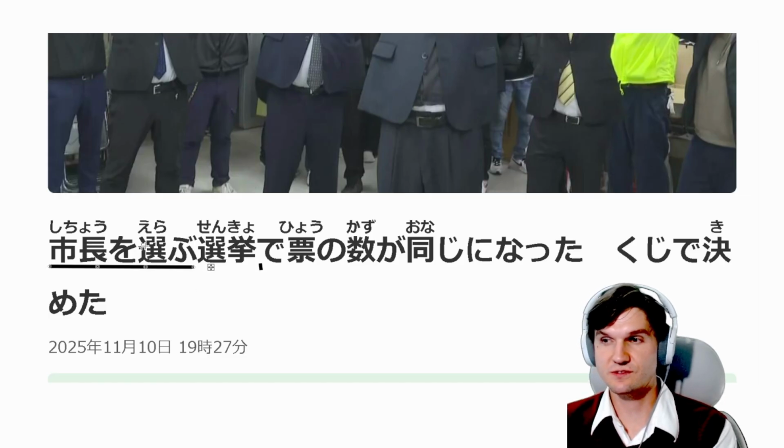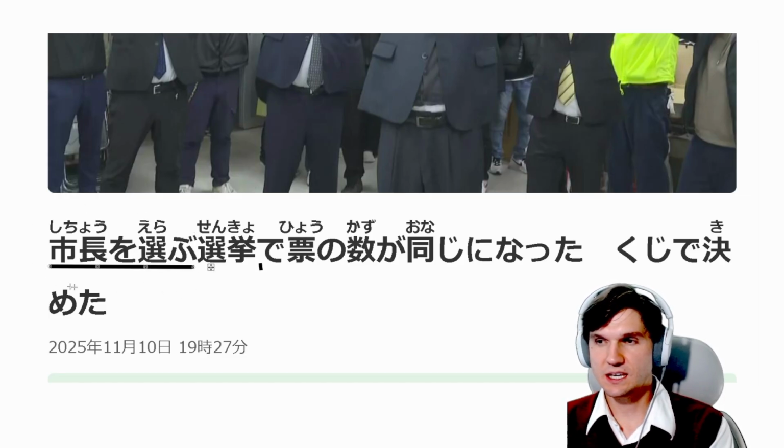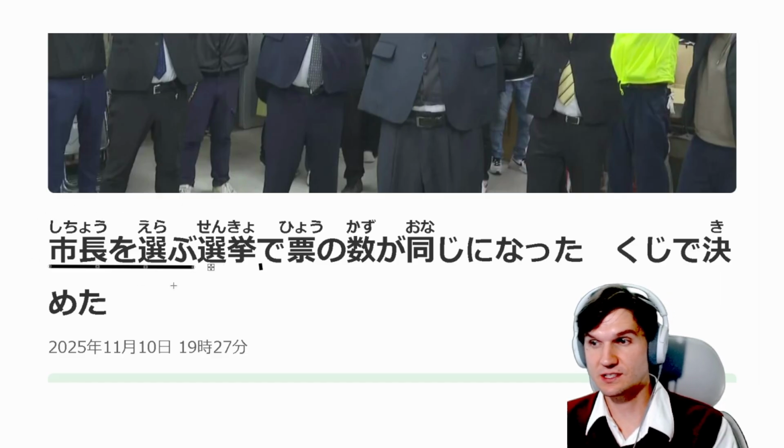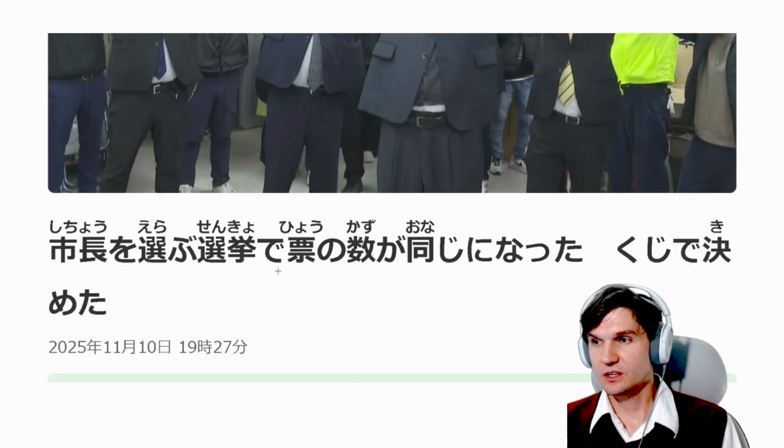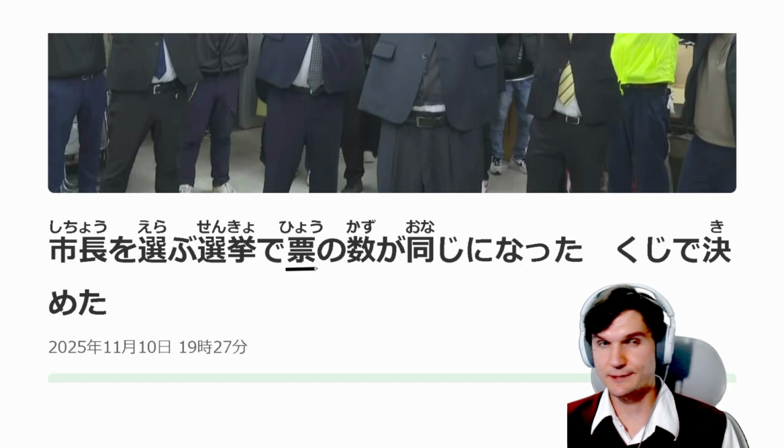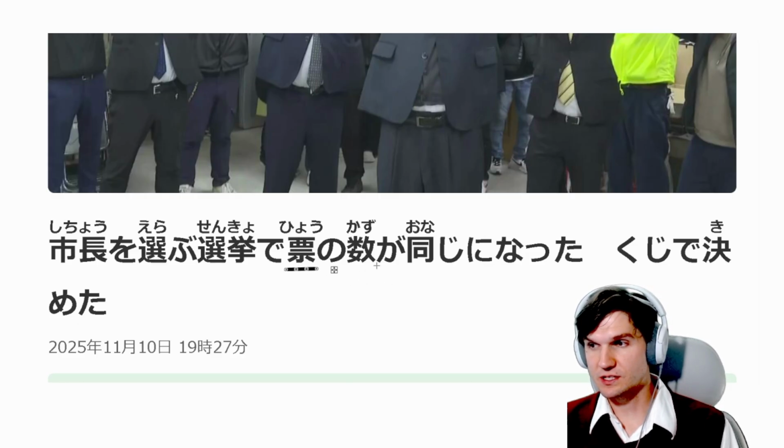So, our elections for selecting, 選ぶ, or choosing the 市長, the mayor. So, in an election for selecting the mayor, 票の数が同じになった. So, 票 is votes, and 数 is amount or number. So, the number of votes is our subject with the particle が.